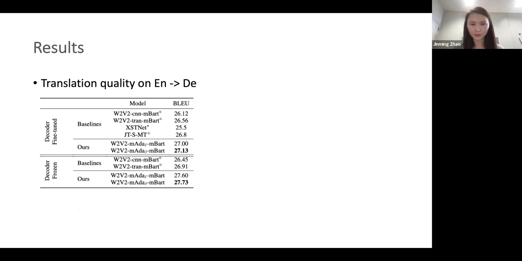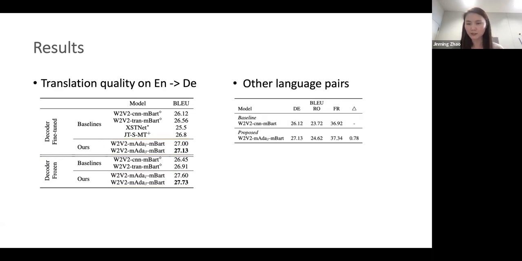Here are the results on the English to German pair. This refers to our training strategies. And these are the results for our systems, which are better than the baseline models under both training strategies. We also tested our approach on 2 more language pairs, and this table summarizes the results.